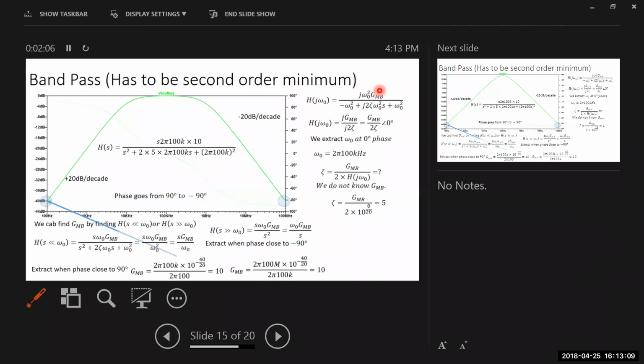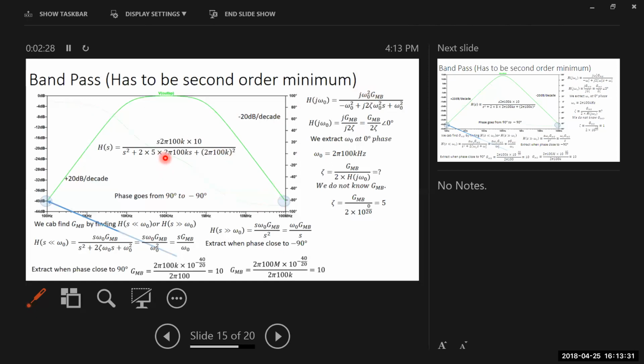Well, you're at the mid band. And notice the phase goes from plus 90 down to minus 90, but that's still a 180 degrees phase shift. Well, you split the difference and omega naught will now be at 0 phase.